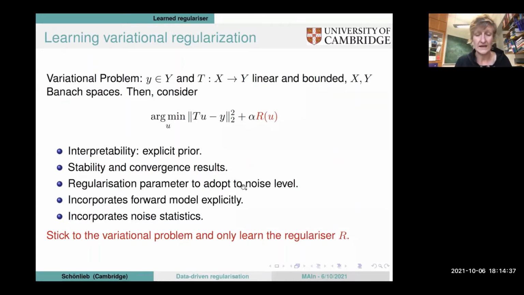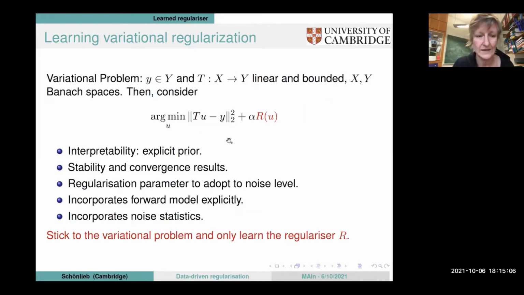Okay, so variational model, and now I want to learn the regularizer, and I'm only going to focus on linear inverse problems. This is really my bread and butter. For nonlinear inverse problems, there are some works looking at data-driven approaches, but they are infinitely harder, and it's really a very different story if you go to nonlinear.